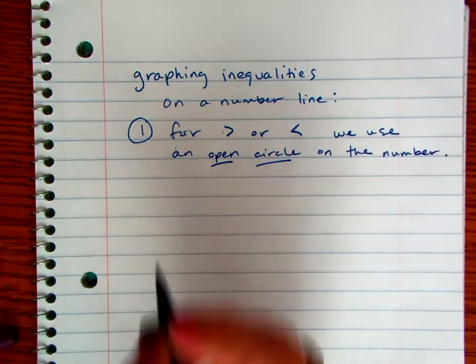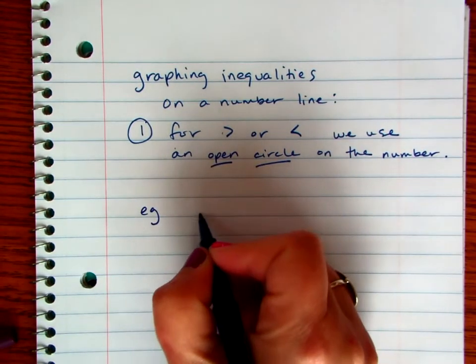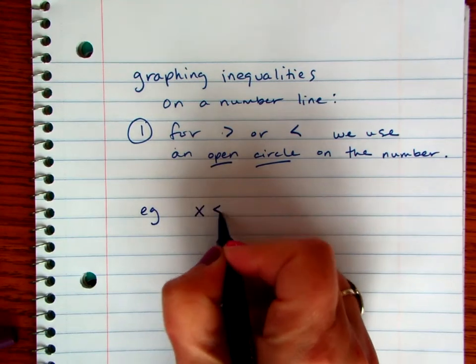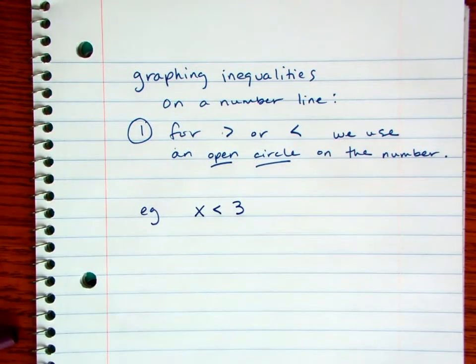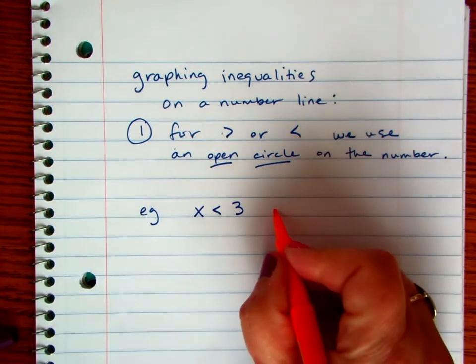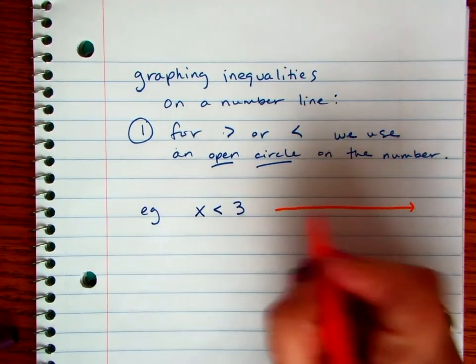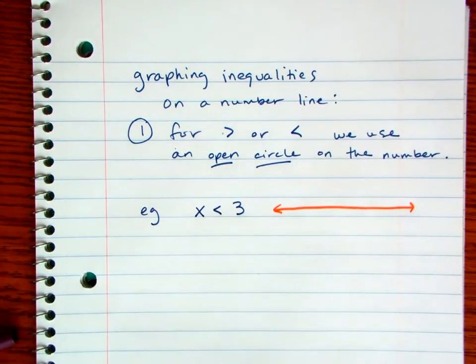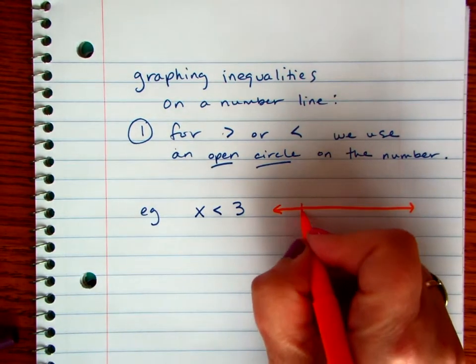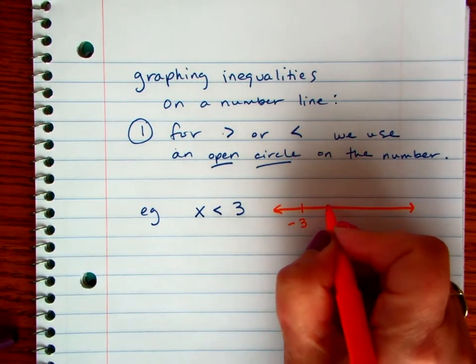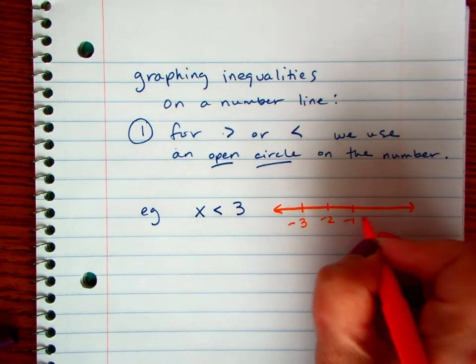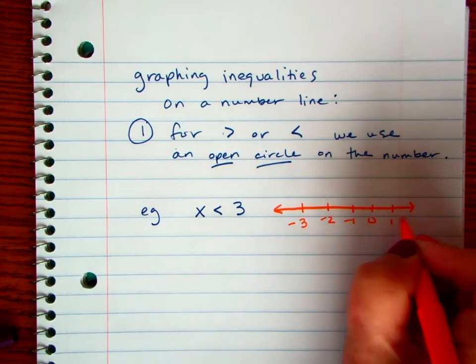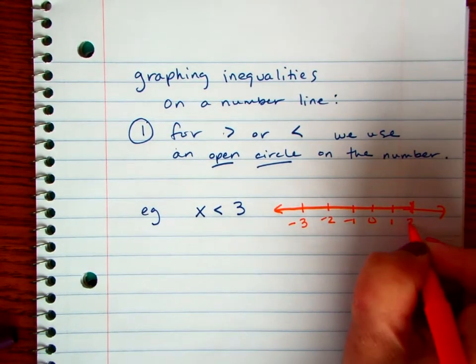Okay, so for example, if I'm graphing x is less than 3, let's say. Here's my number line, and I'm going to do it in a different color. Hopefully that's relatively easy to see. So I might have negative 3, negative 2, negative 1, 0, 1, keep going, 2, and 3.